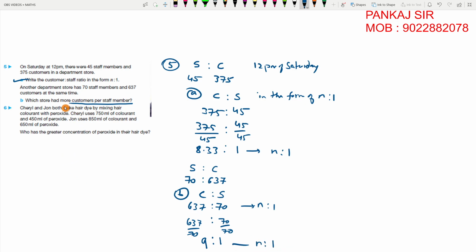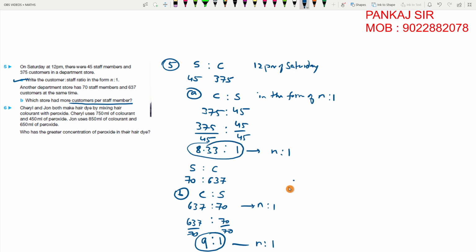Now what is the question? Which store had more customers per staff member? So customers per staff member, here it is 9 is to 1 and here it is 8.33 is to 1.